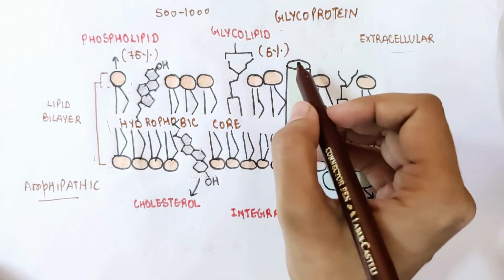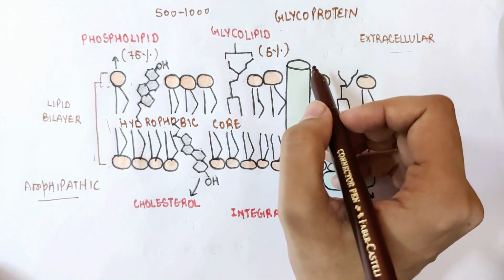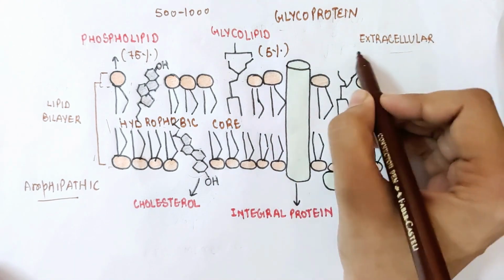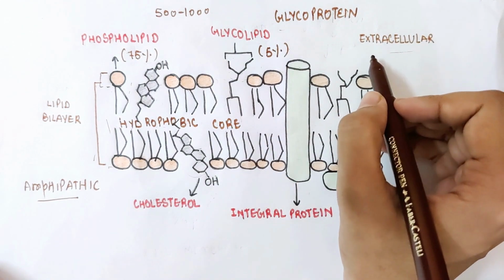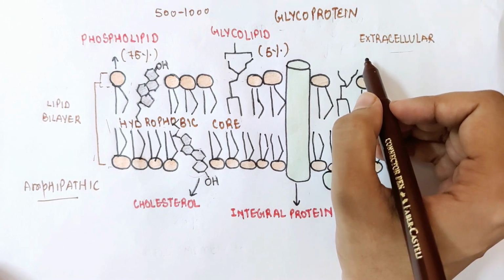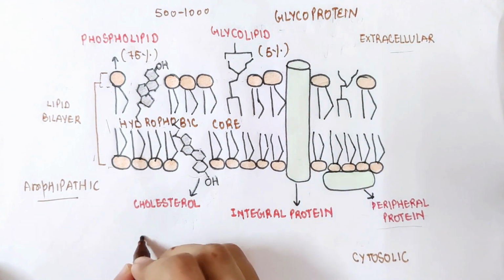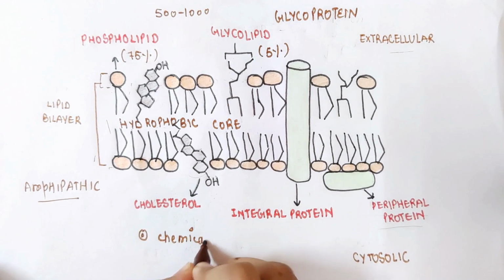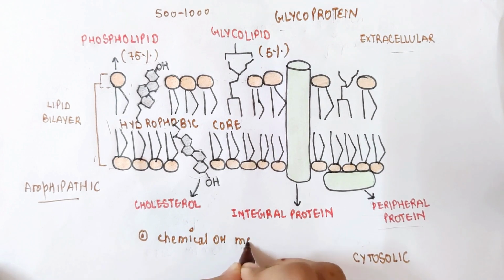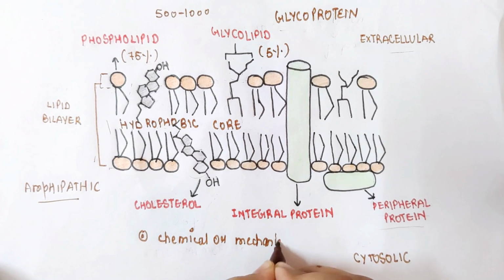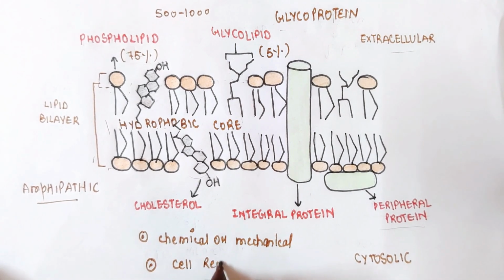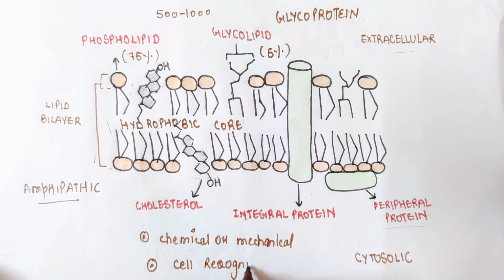Generally, these oligosaccharide chains or any carbohydrate moiety are attached to the cell membrane towards the extracellular side, and they have huge significance, like preventing the cell from any chemical or mechanical damage, and secondly, in specific cell recognition processes.